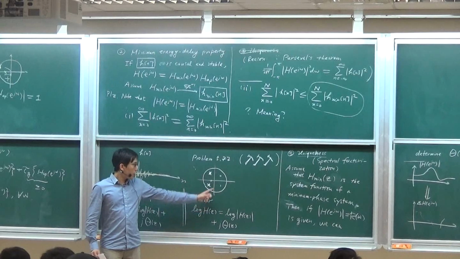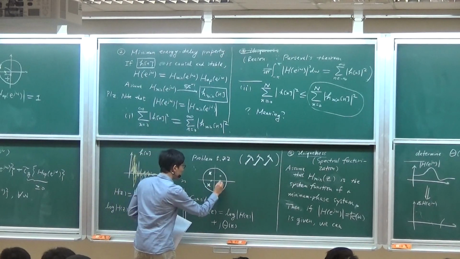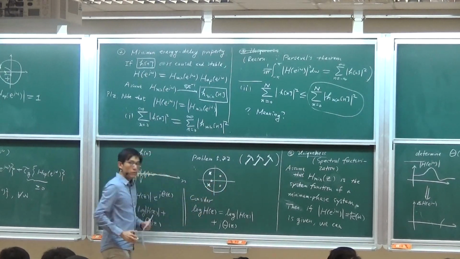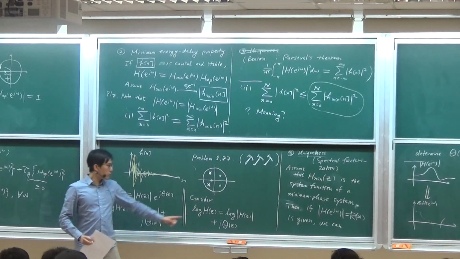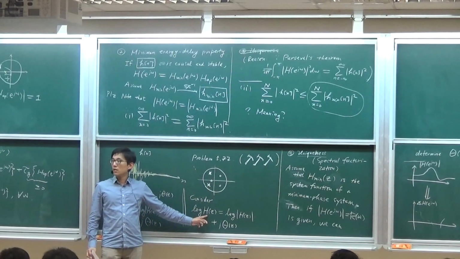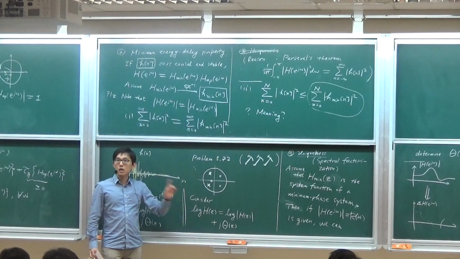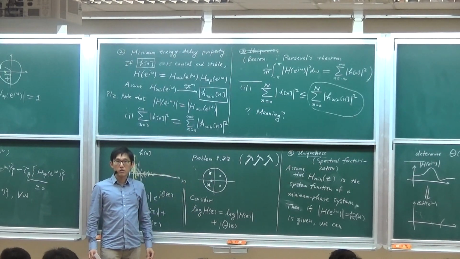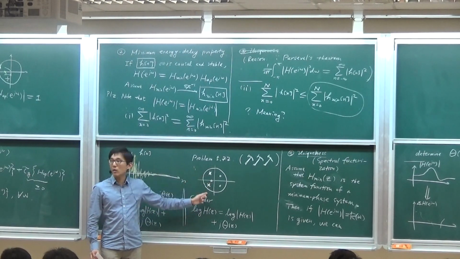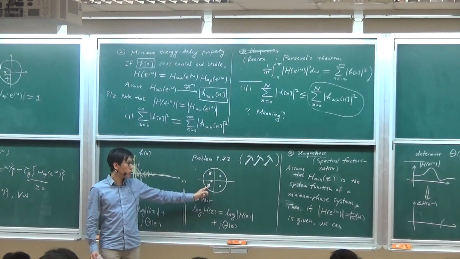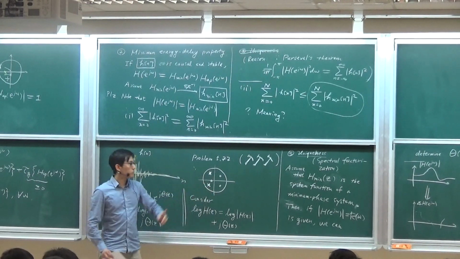Similarly for the zeros, h of z equal to 0 by definition, right? What is log of 0? You cannot evaluate log of 0. So if you ask the question, where are the singularities? The answer is the two places with poles and zeros.